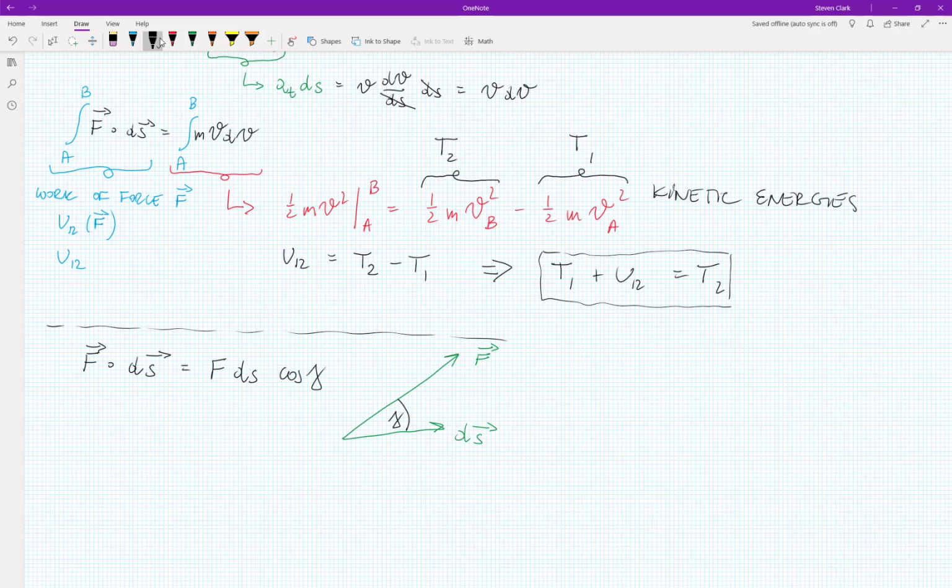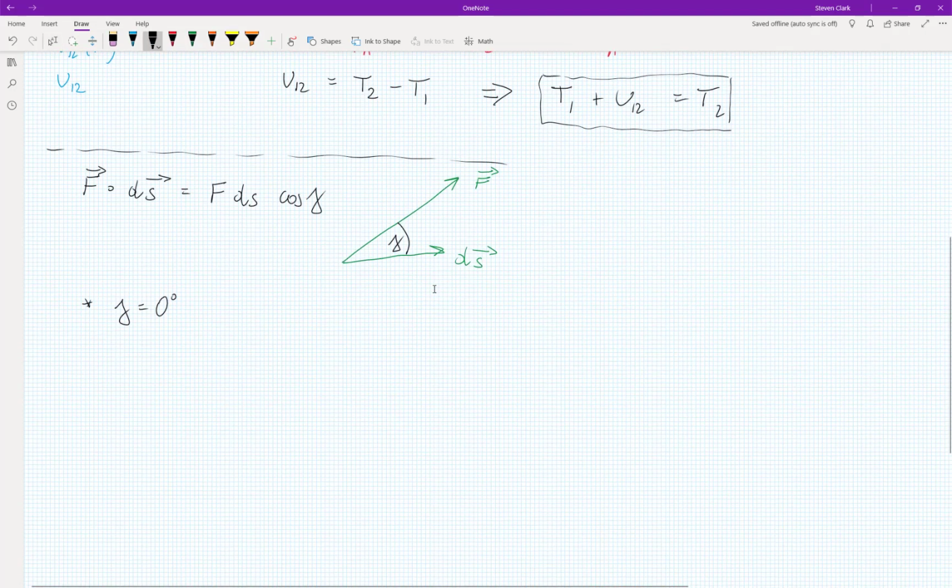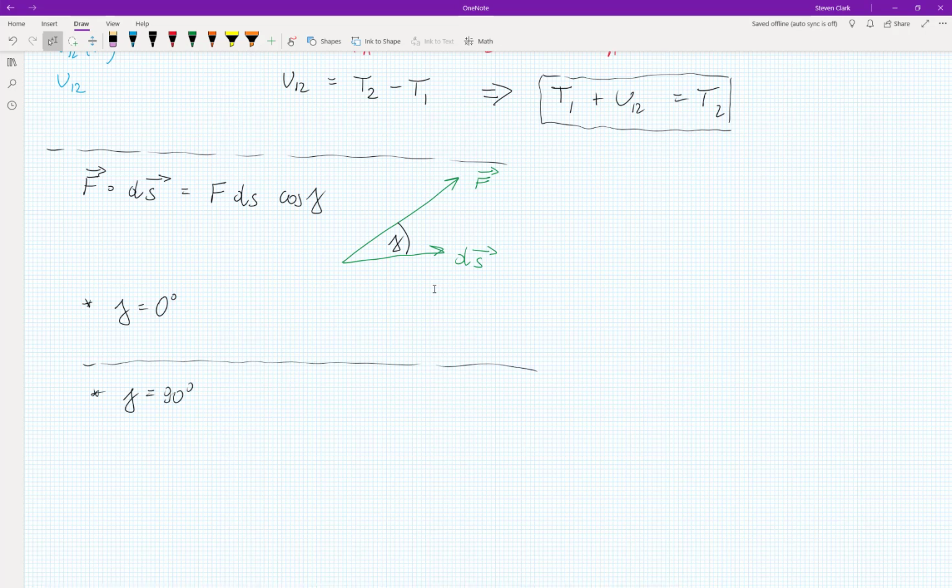Is that true? I think so, yeah? So now let's focus on 3 different cases for 3 different gammas. Let's see what will happen if gamma is equal to 0 degrees, if gamma is 90 degrees, and if gamma is equal to 180 degrees.